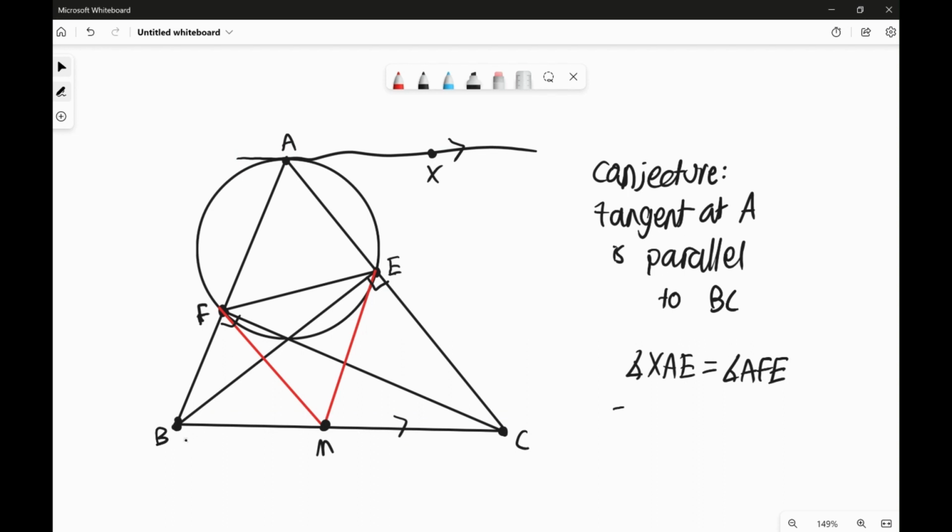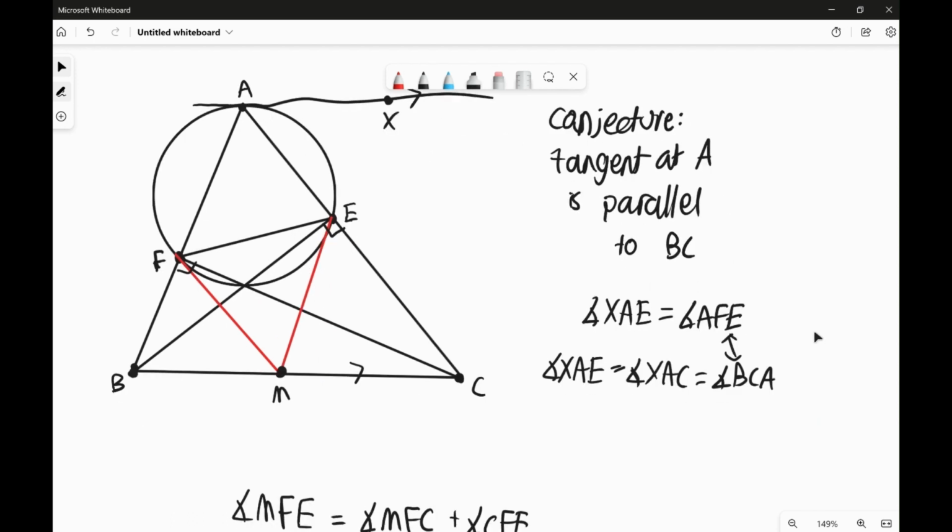So we see a directed angle XAC. So XAE is equal to directed angle XAC, which ends up being directed angle BCA. So we want to prove that if these two are equal or not. So here we want to try using the fact that FECB is cyclic.